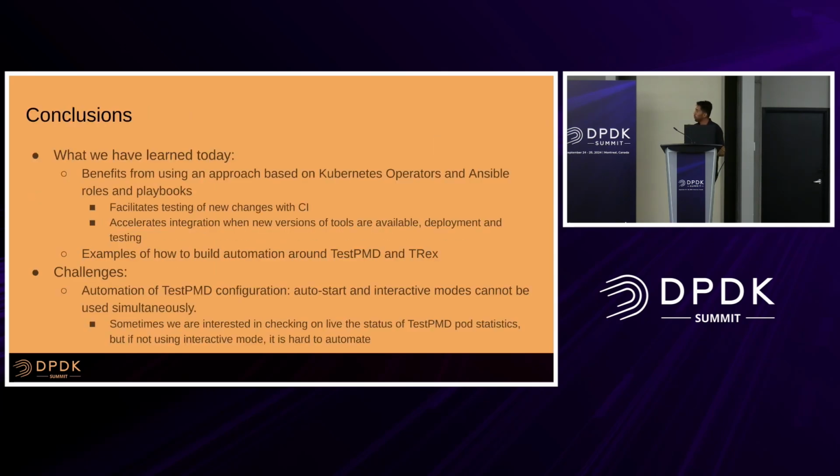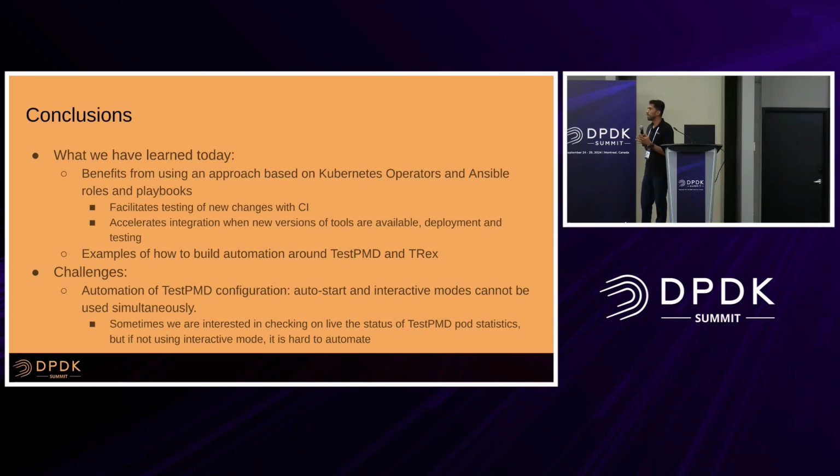So just to finalize, the conclusion of this work is that thanks to the automation, the use of resources in Kubernetes, and the use of Ansible, we can accelerate the testing of new versions of Kubernetes and new versions of operators.